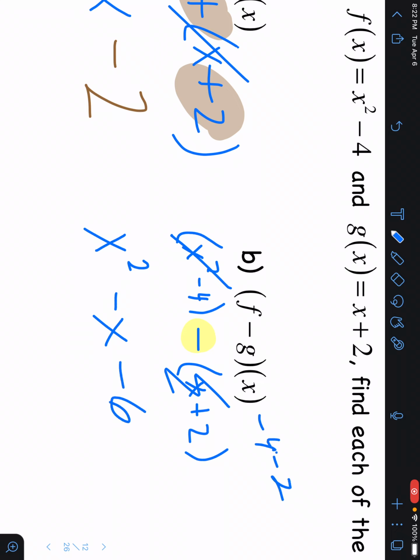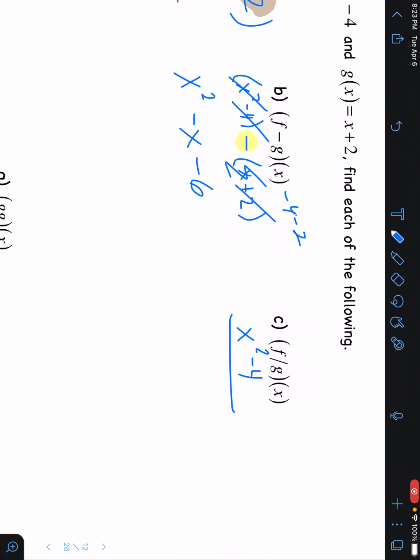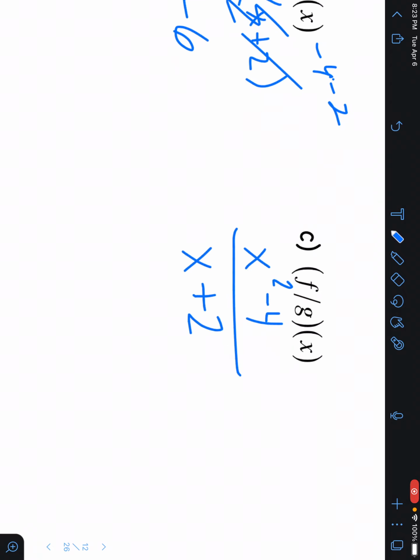Okay, next up, we want to do f divided by g. So f in the numerator divided by g in the denominator. Now, this problem does get tricky here.